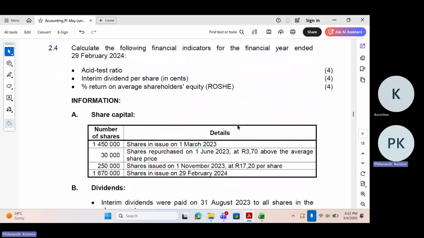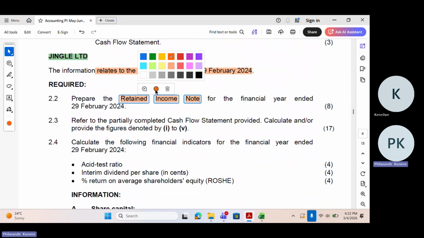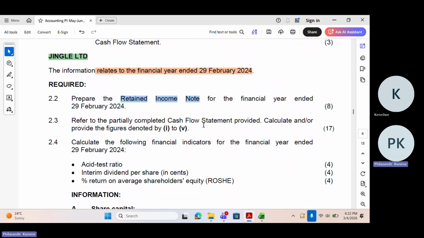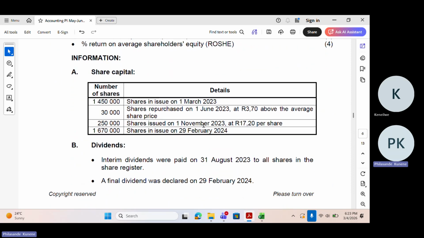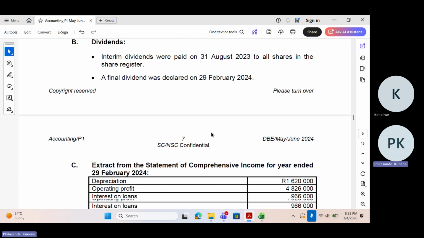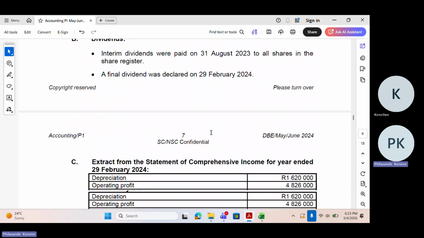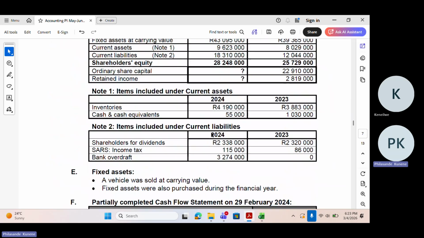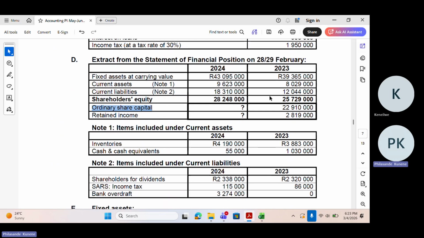Okay, let's start here. Prepare the retained income note for the financial year ended 29 February 2024. That's what I want us to look at now. Obviously, we need the opening balance, which is the balance at the beginning. Not share capital note, sorry, the retained income note. In the information provided, we have ordinary share capital, which is an extract from the statement of financial position.